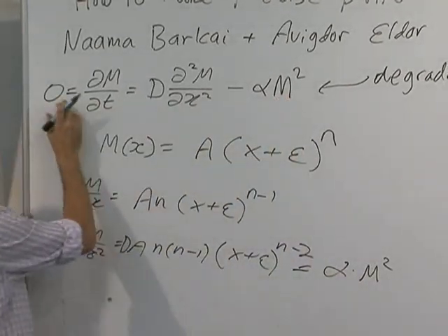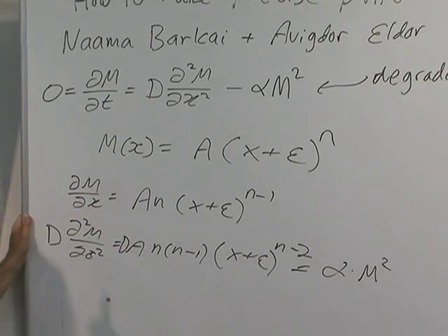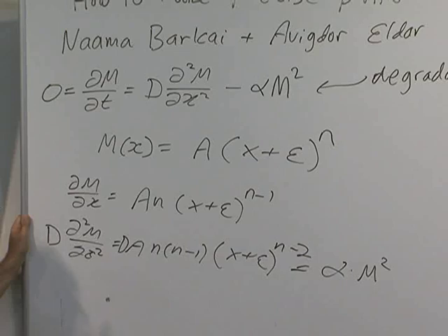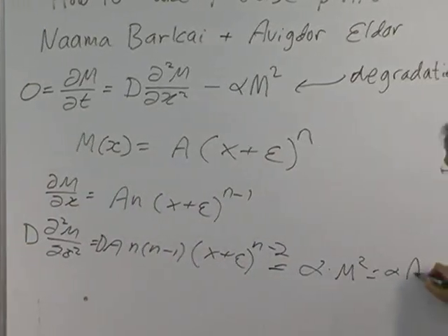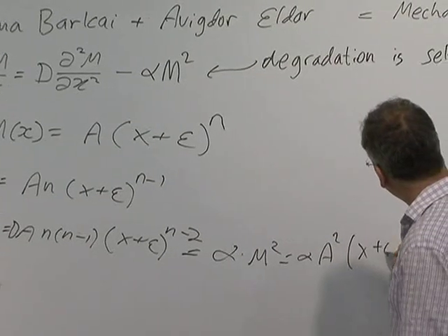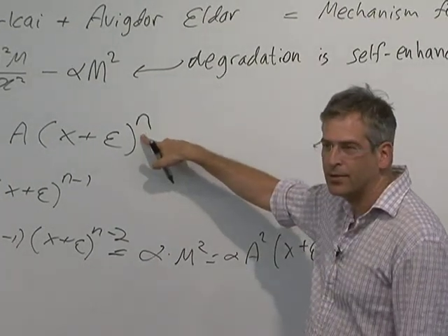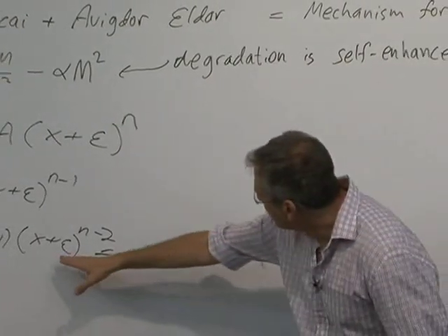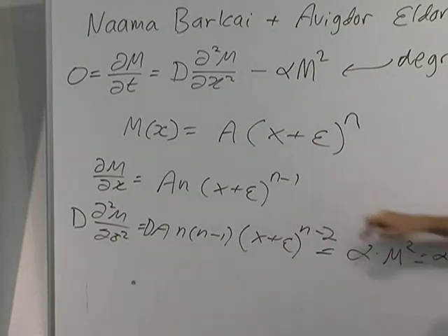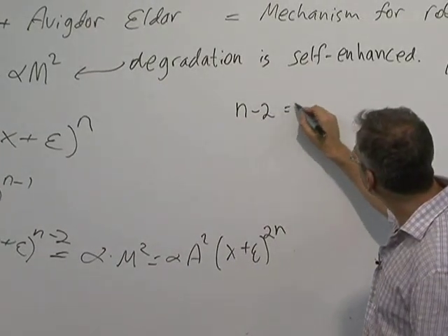That's what the steady state means. D times the second derivative equals alpha times M squared. So let's plug that in. That's alpha a squared times (x plus epsilon) to the power 2n, because a is squared. So let's first calculate n. You see, here we have (x plus epsilon) to the power n minus 2, and here to the power 2n. So what n is it that n minus 2 equals 2n?